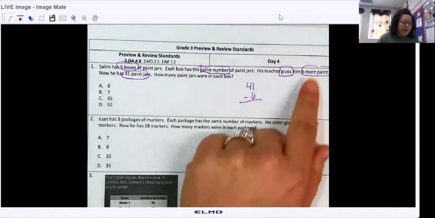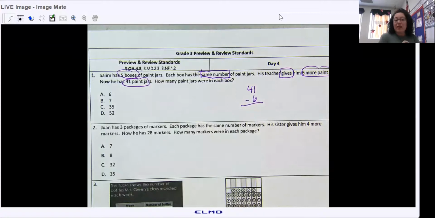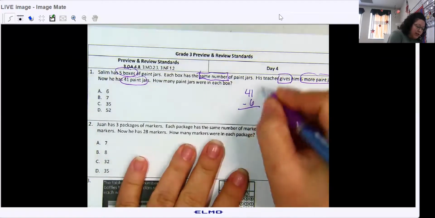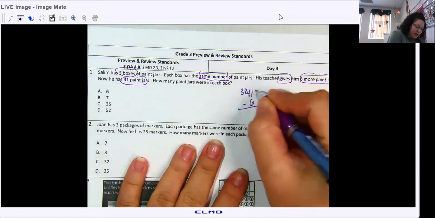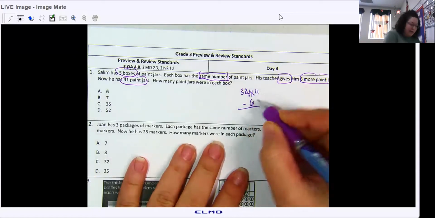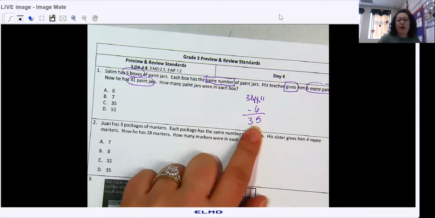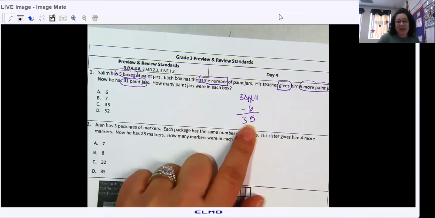We're taking away the 6 because we need to figure out how many he had before the teacher gave him. Then we can get the same number, which is, I can't take 1 away, go next door, get 10 more. 11 minus 6 is 5. So he started off with 35 paint jars, right? Because we take that 6 away from the teacher.